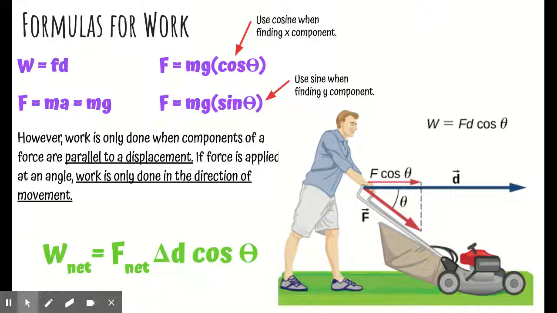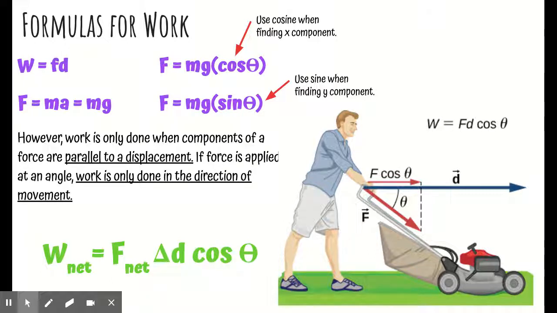So the work has to be done parallel to the displacement. If you're pushing a box straight across a table, the force being applied is going to be parallel to its displacement.